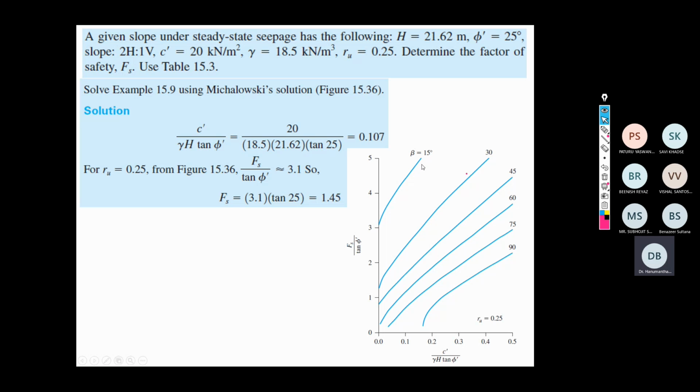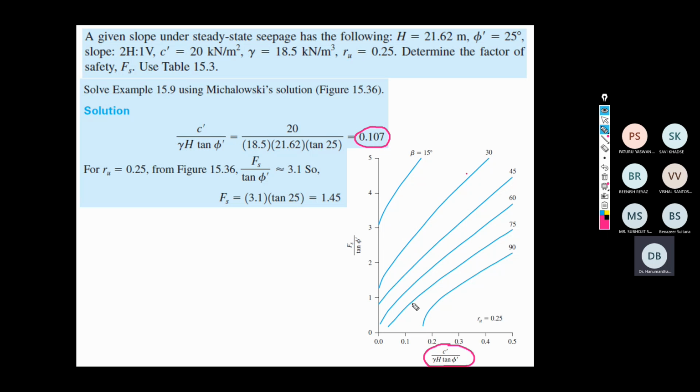Now, if you look at this graph, you need to first calculate the ratio of C dash by gamma h into tan phi dash. The rest of the parameters have been given. So calculate C dash by gamma h into tan phi dash, which is equivalent to 0.107. While beta is 1 upon 2, that is 26 degrees.